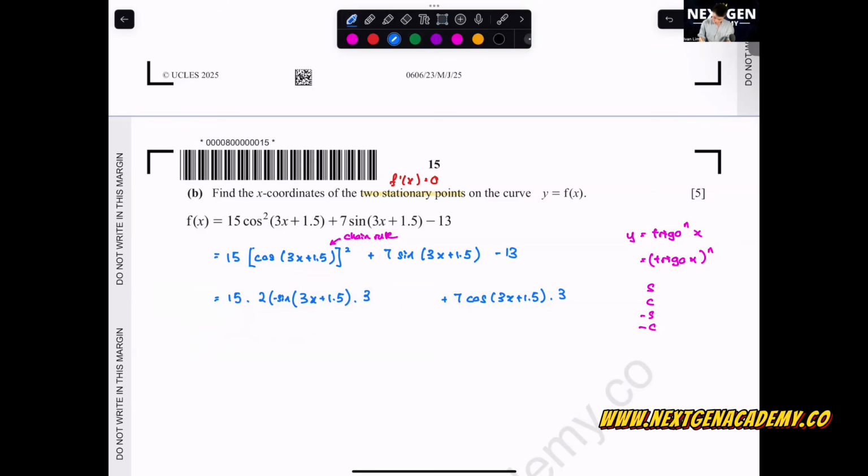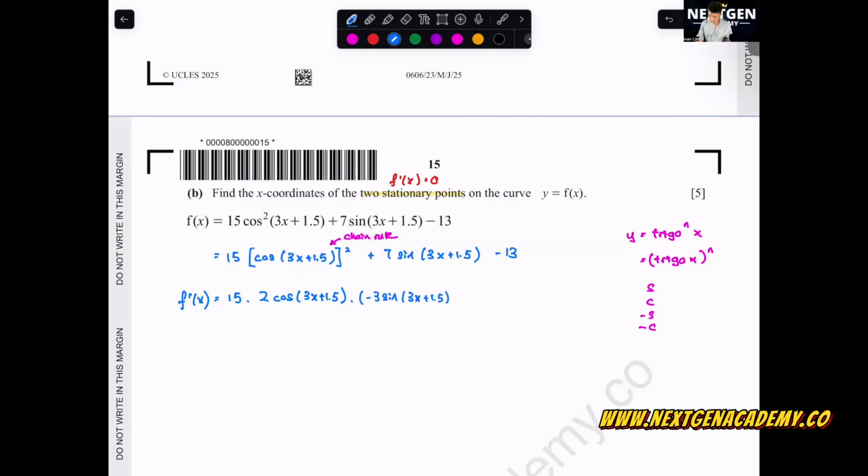Okay, we've got to differentiate this one. So f prime x: we differentiate outside, then we differentiate inside. Differentiate outside: 2 cos of 3x plus 1.5, times, when we differentiate inside, negative 3 sine of 3x plus 1.5.